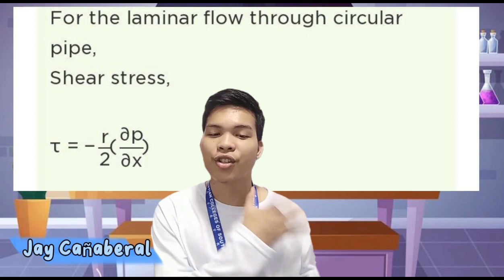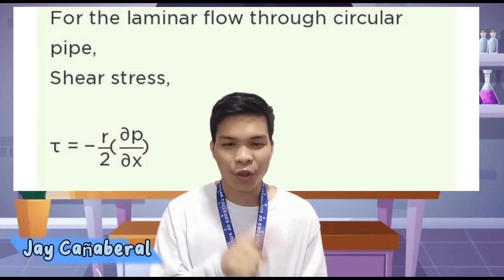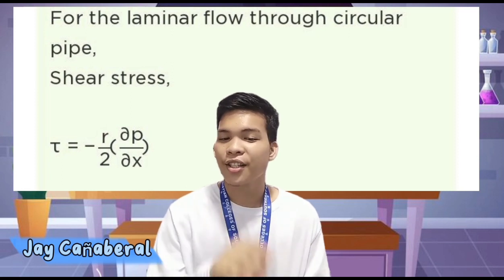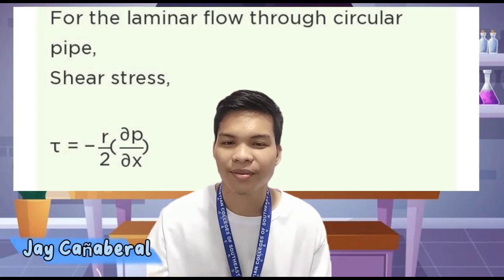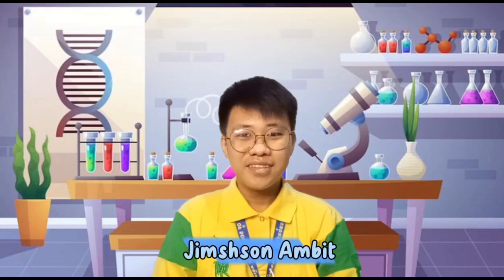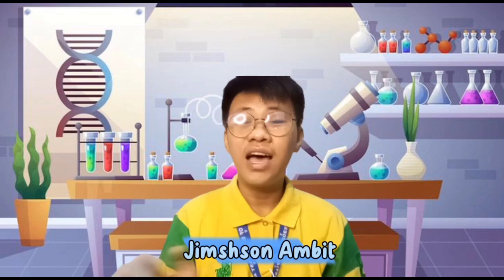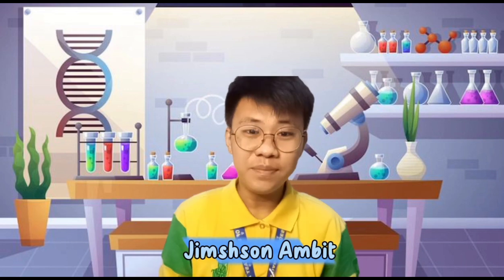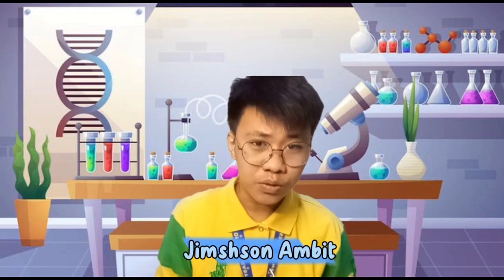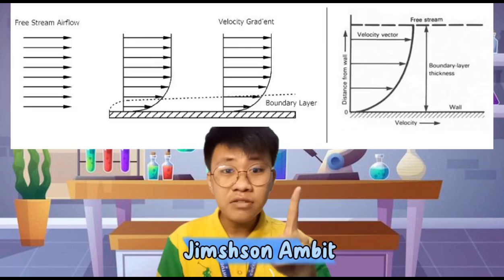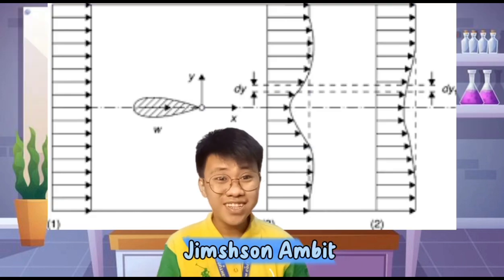We have tau is equal to negative r over 2 times dP over dx. So, this will help us understand how the fluid behaves in confined spaces and determine factors like velocity profile and drag forces.